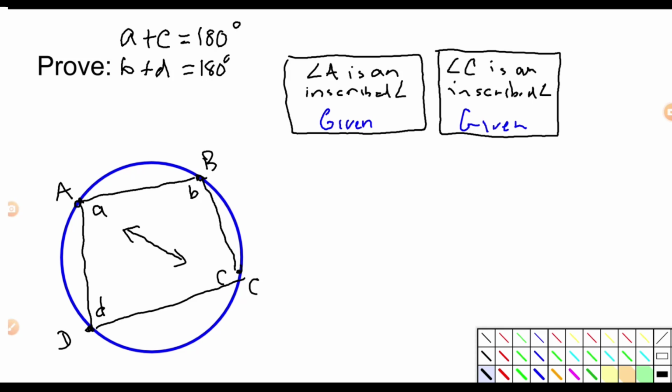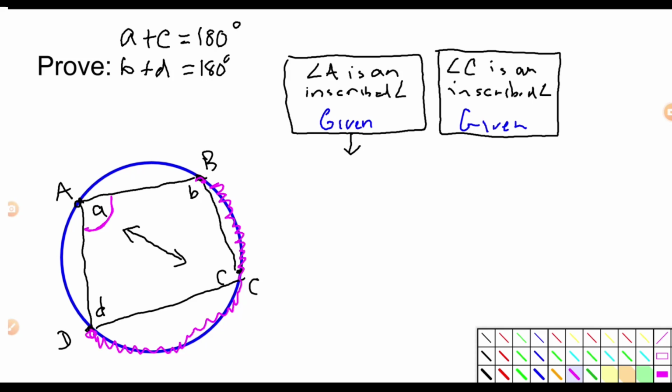And now we can make some inferences, so that can tell us something. So now what that tells me in this problem, since this is an inscribed angle, this angle measure here will be half of this arc measure here. So we're going from point to point. So from this point to this point, it'll be half of that.